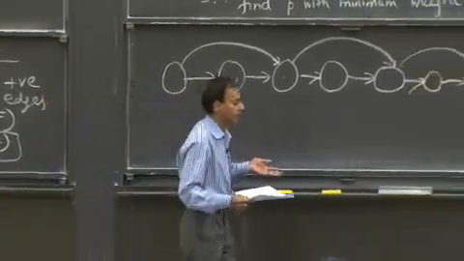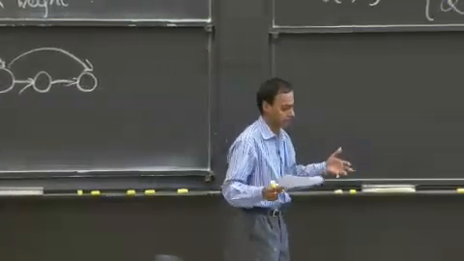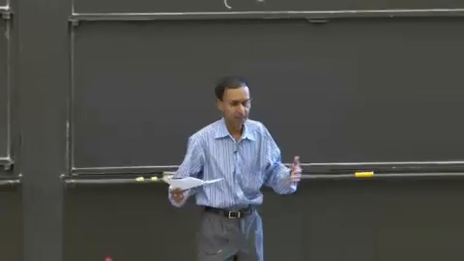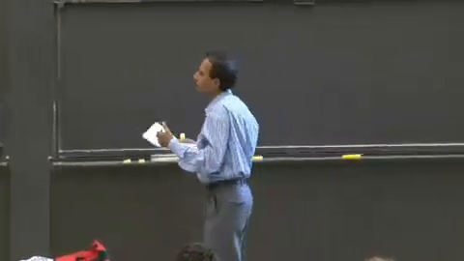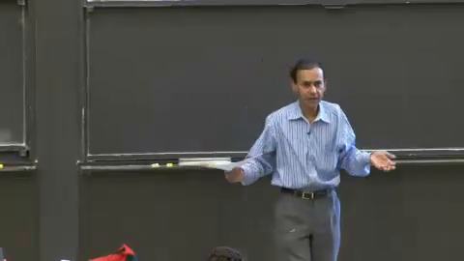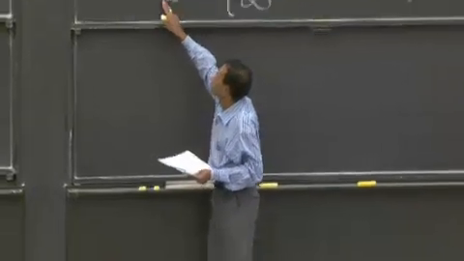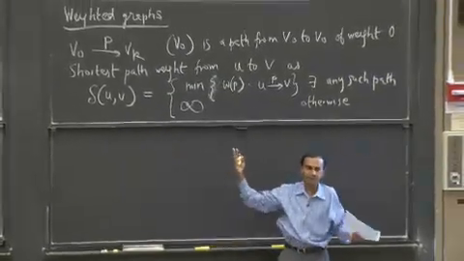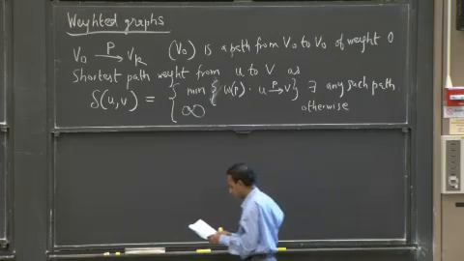It's quite possible that you may be given a graph where there are particular vertices in your set V that can't be reached from the particular source that you started with. For those vertices, if v is unreachable from u, delta uv will stay at infinity. OK? So let's look at an example.